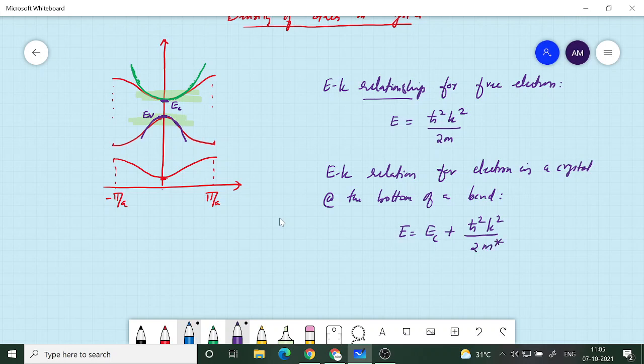So there are two things coming here. One is the energy at the bottom of the band, EC. And the second thing is this is not the normal mass, it is the effective mass, which we talked about yesterday. Effective mass at the bottom of the band.